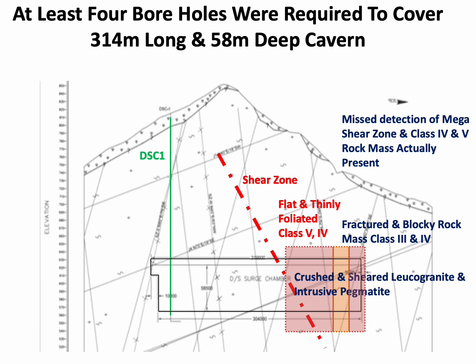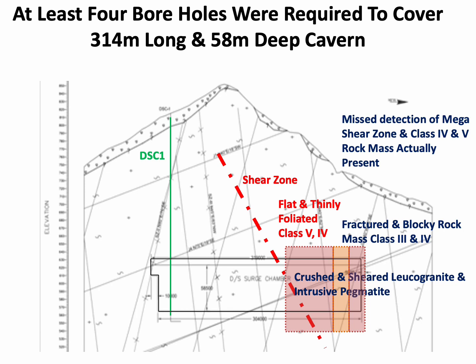At least 4 boreholes were required to cover the 314-meter long and 58-meter deep cavern of the Punatsangchhu-II Downstream Surge Gallery. The Downstream Surge Gallery of Punatsangchhu-II had a length of 314 meters and a depth of 58 meters.